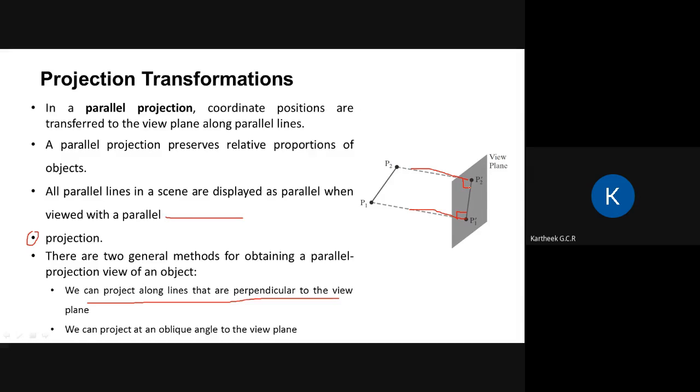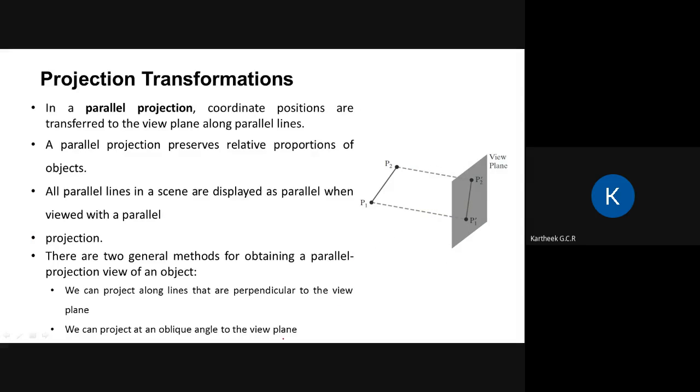So it's like cutting directly straight. Object and view plane are aligned and your projectors are 90 degrees to the view plane, right? So this kind of projection is orthographic projection.